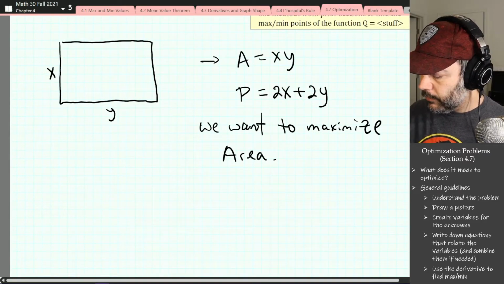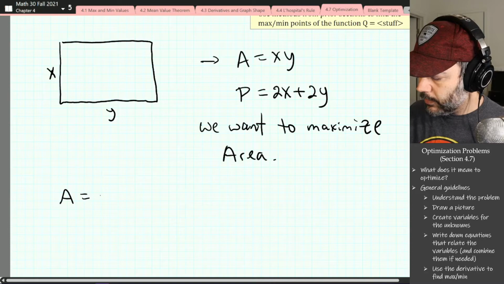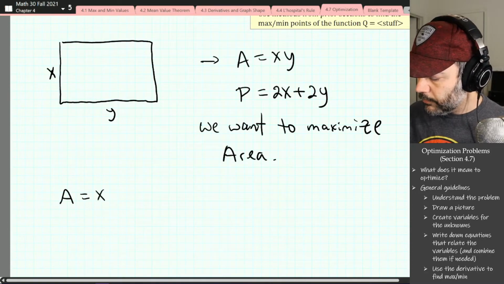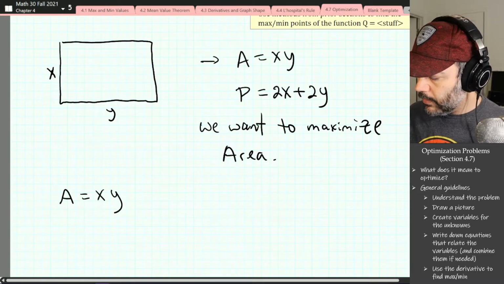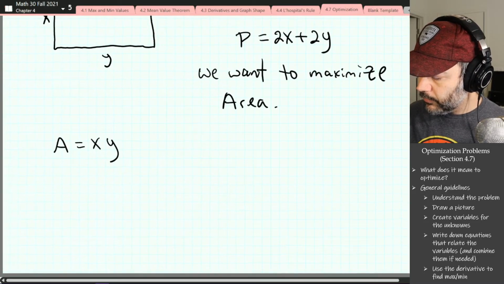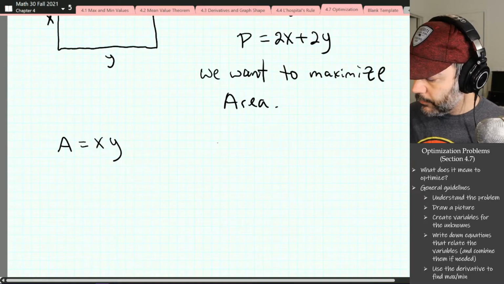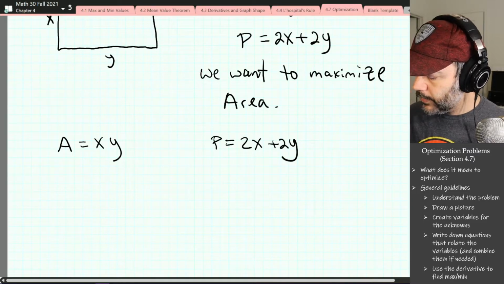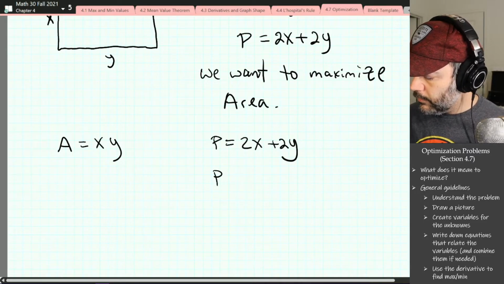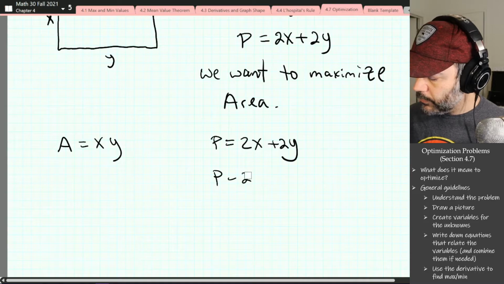But I would like to be able to substitute away y. So over on the side here, I'm going to solve for y on this equation. Little side work. P minus 2x equals 2y.